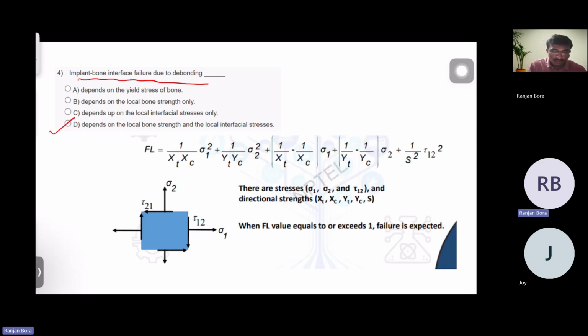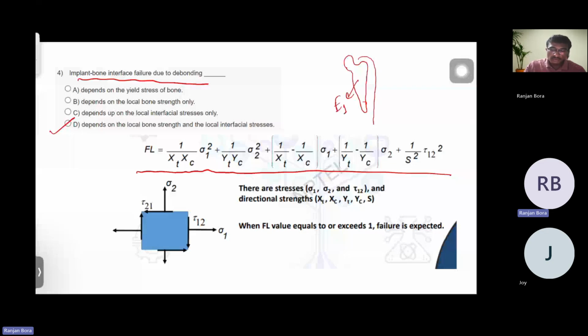This comes from Hoffman's equation, which is for failure of composite material. When we place an implant inside our bone, it acts as a composite material because the implant has a different material property than the surrounding bone.